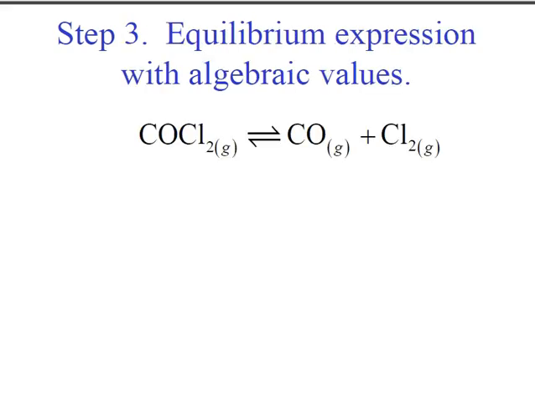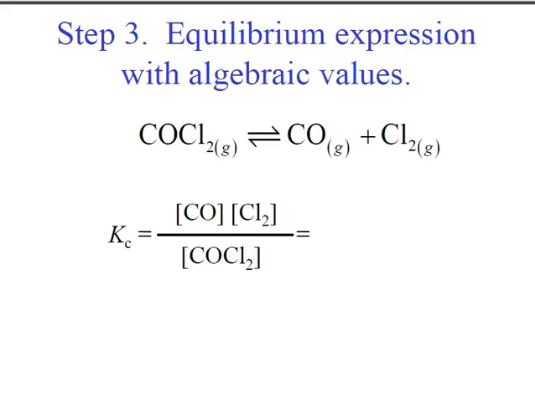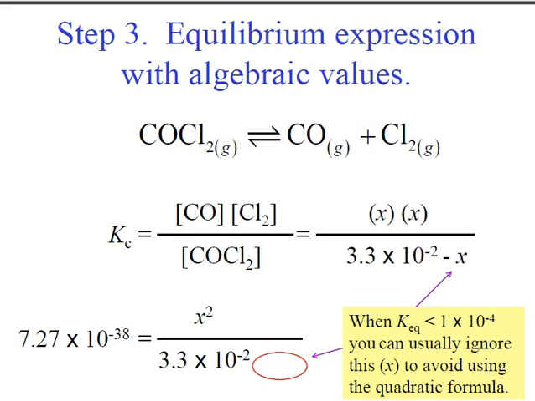So I'm going to write the equilibrium expression, and here I'm using brackets because I have a Kc value, or a concentration value. And then I'll plug in my x's and such from my E line in my chart. So it'll look like that, x and x for the CO and the Cl2.